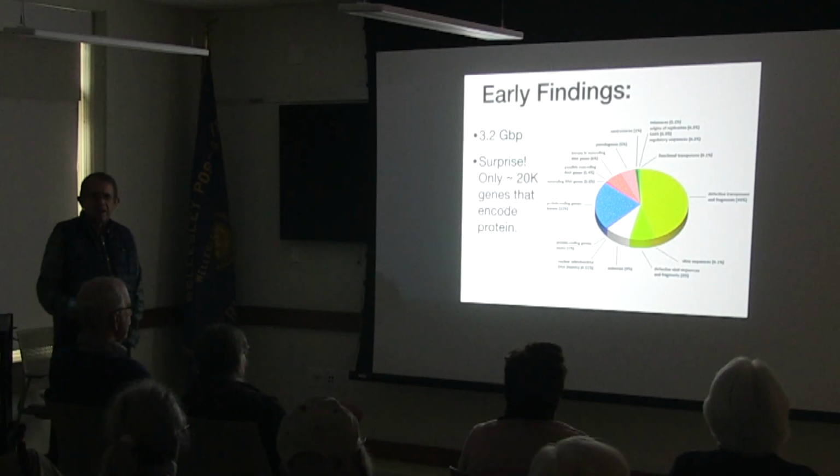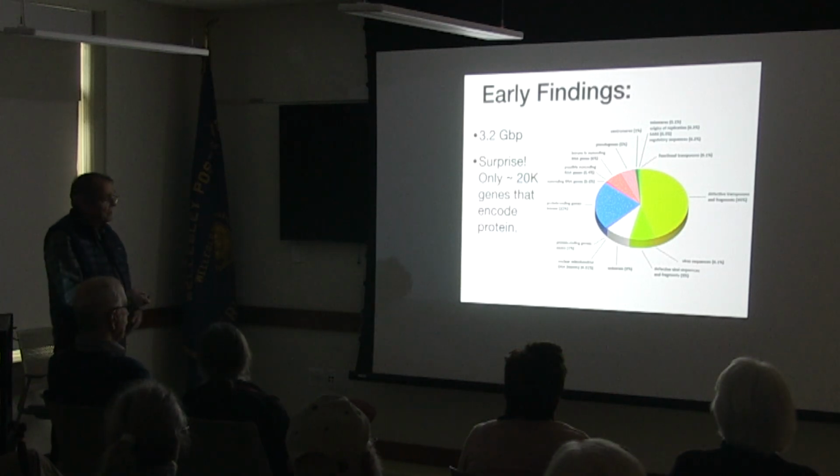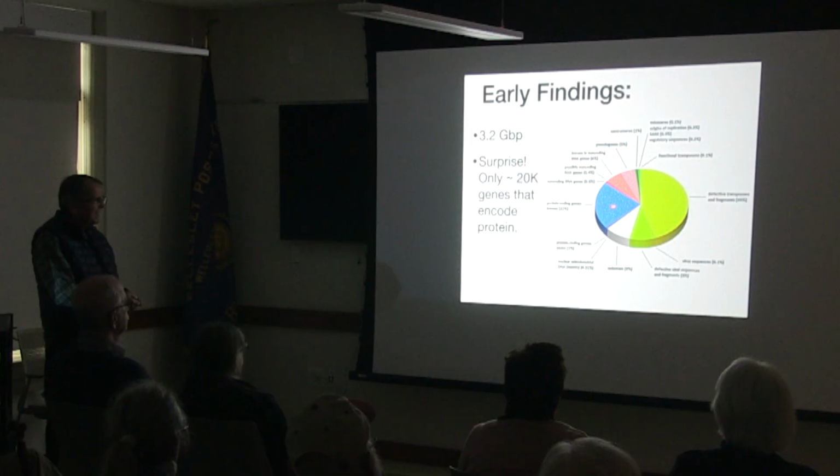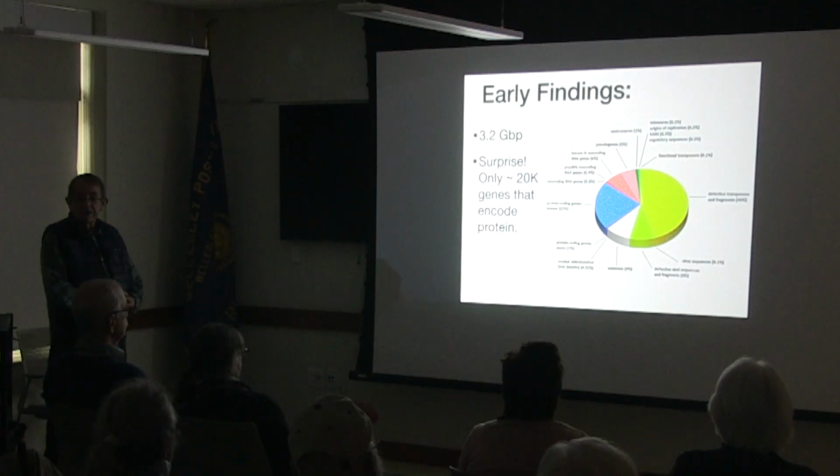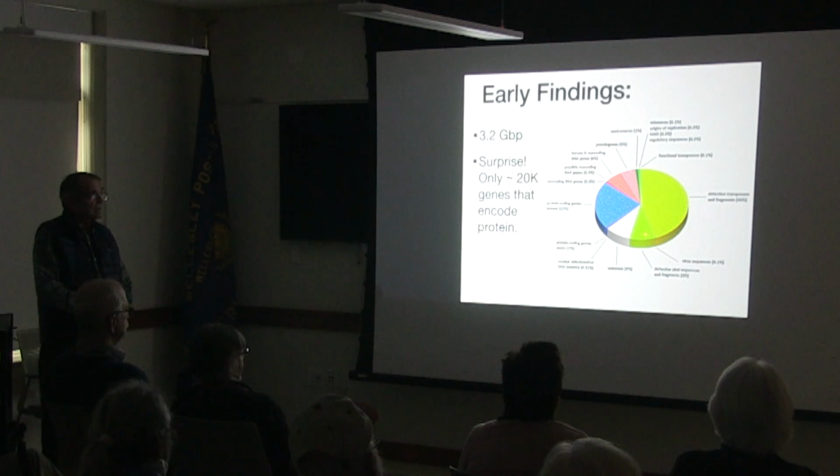You say, well, that's a lot of genes. No, it's not. Of the 3.2 billion, protein coding genes occupy roughly 20%. That's it. All the rest is this other stuff.